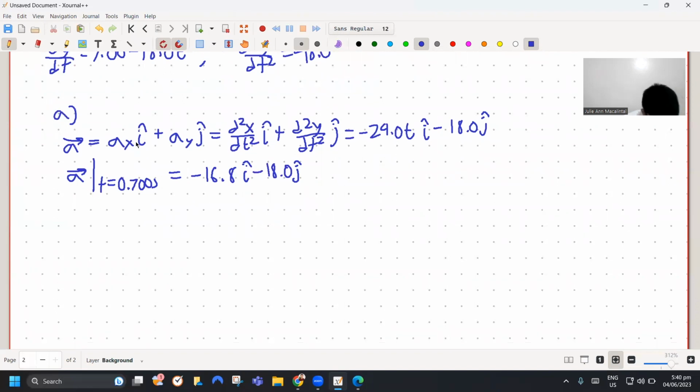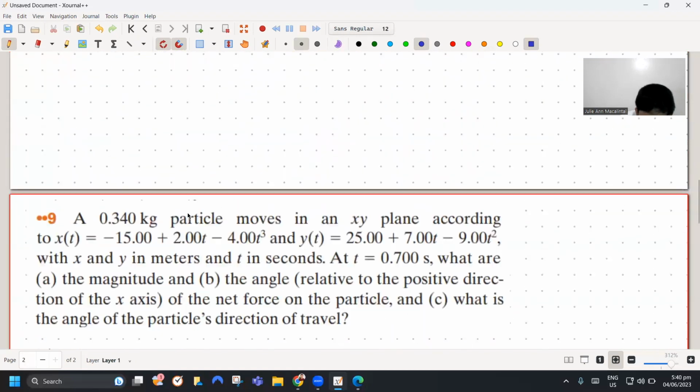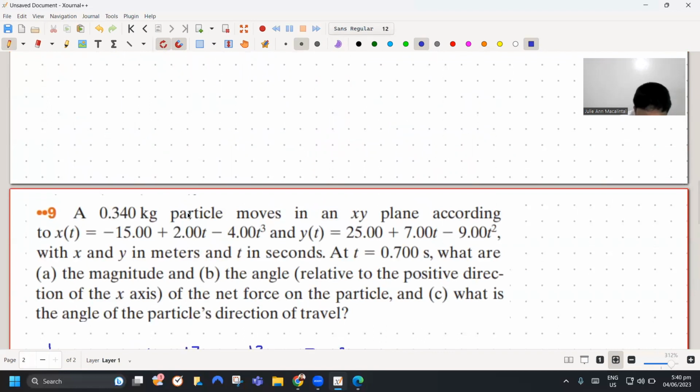So, from there, ano yung F-net? Kailangan po yata ng magnitude. Teka, ano yung tinatanong? Look at the question again. Magnitude mo of the force.